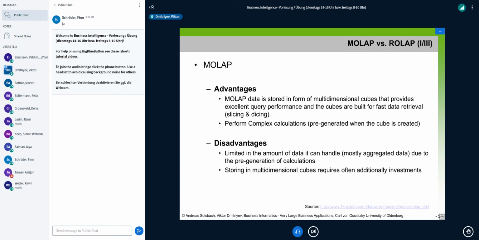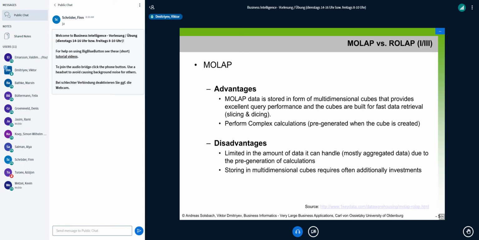It means your analytical queries are really, really fast, and this is transparent to you because you don't need to care anymore about materialized views or any other kind of performance boosters.